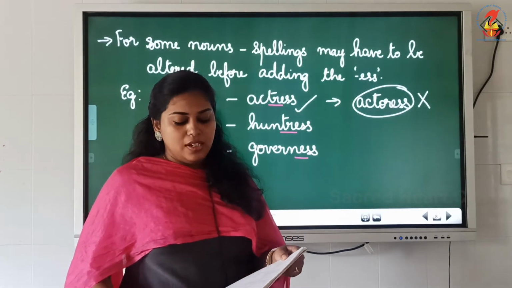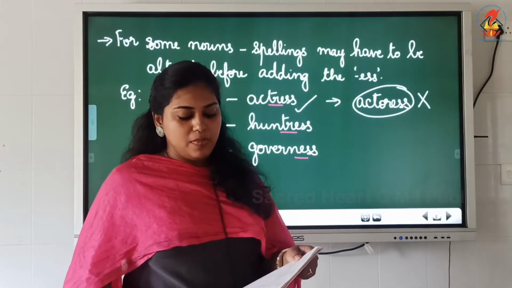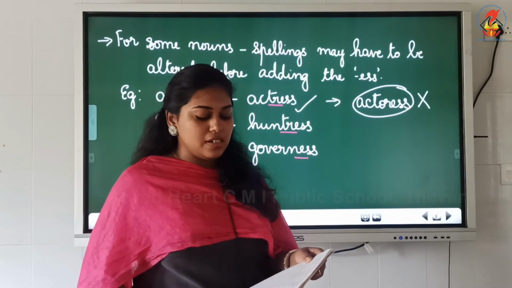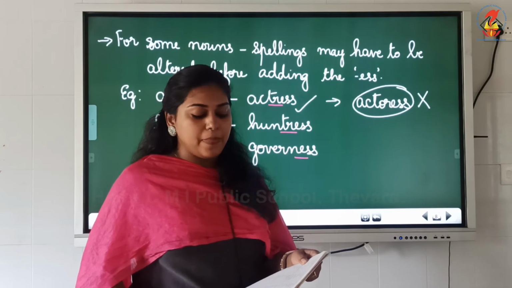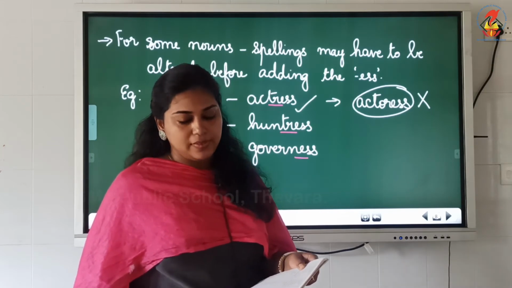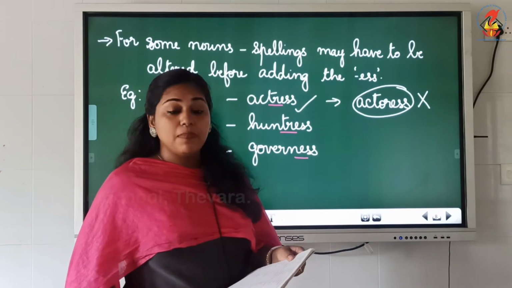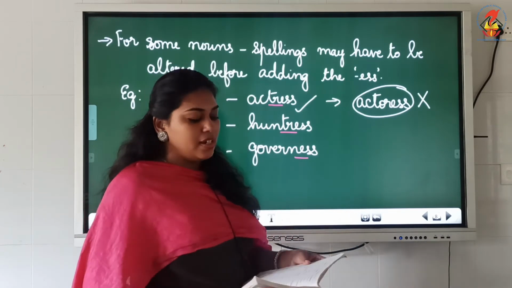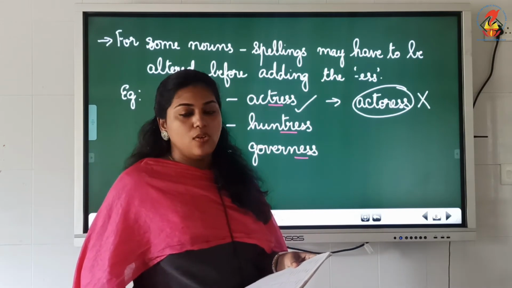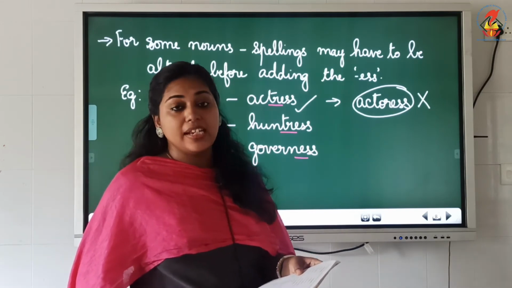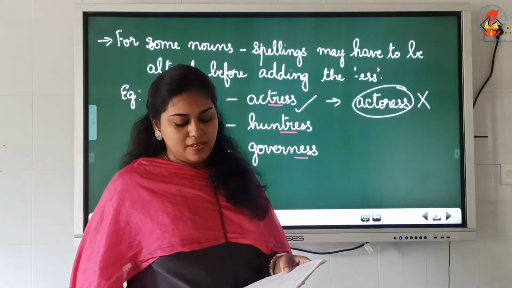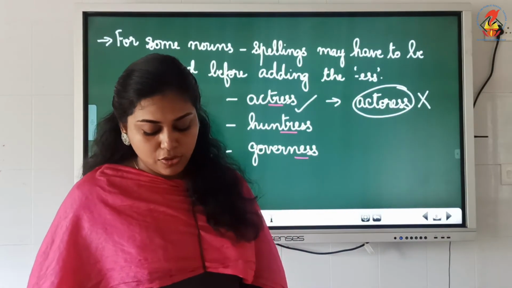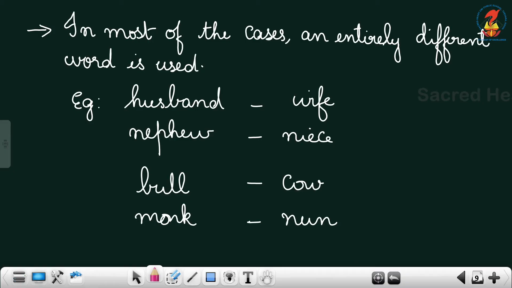For emperor, here OR is omitted, and it should be written in EMPRESS form. Okay. Headmaster, headmistress. Hunter, huntress, which I have already referred. Tiger, tigress. Waiter, waitress. Instructor, instructress. So you have to keep in mind how you have to spell it when you change it into feminine form.